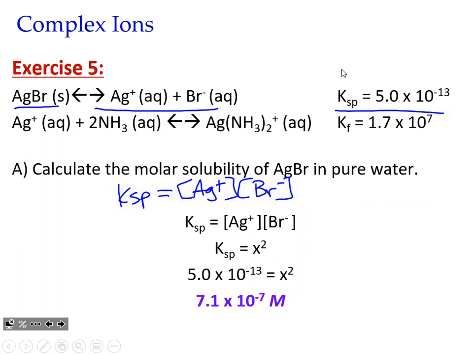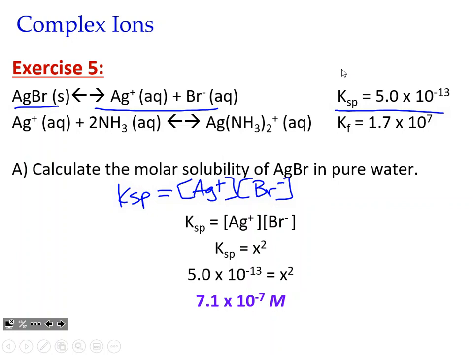Because the ratio is 1-to-1, 1 silver for 1 bromide is always x squared. Because both of them, the change is going to be x. Every time 1 silver bromide breaks apart, it's going to produce 1 silver ion and 1 bromide ion.